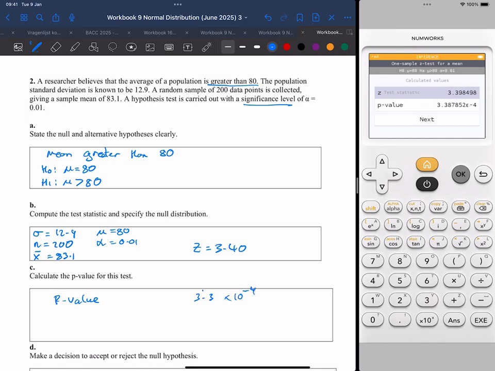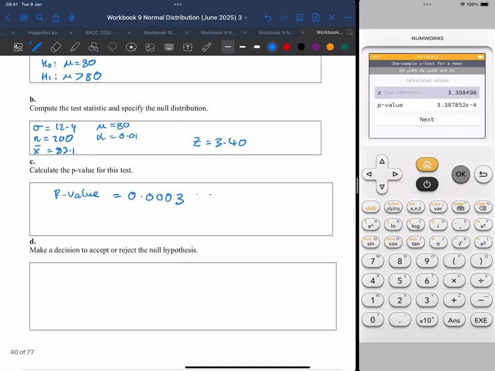That means we're going to move the decimal 4 places, 1, 2, 3, 4, this way. So our answer for the p-value is going to be 0.0003.